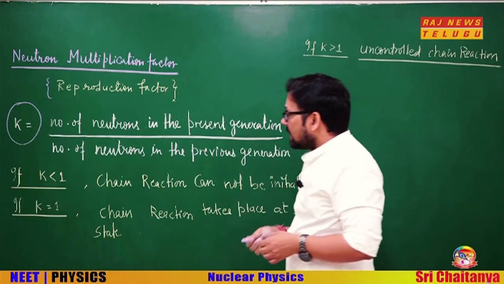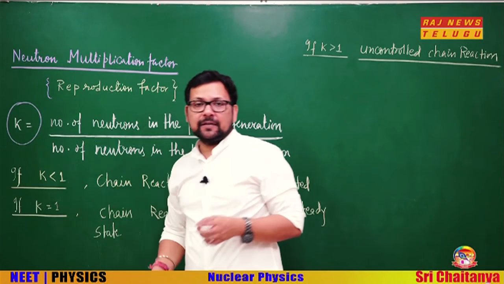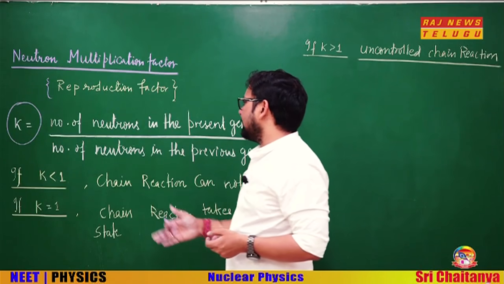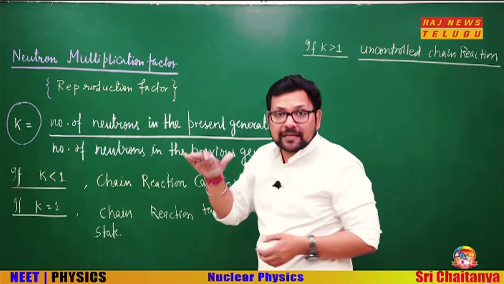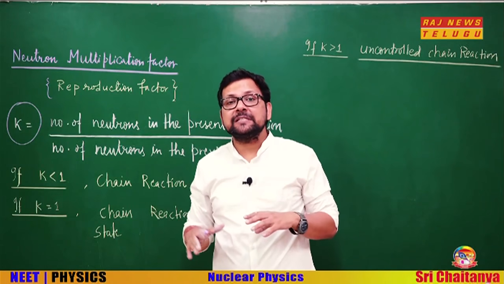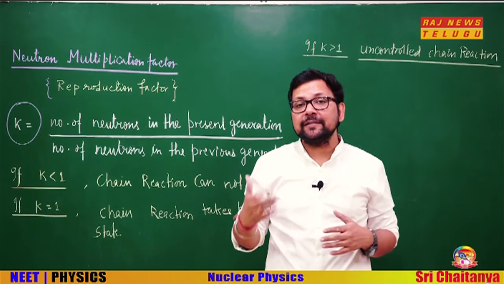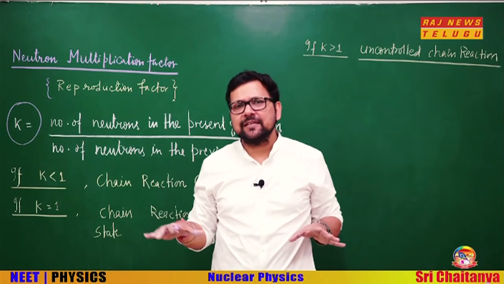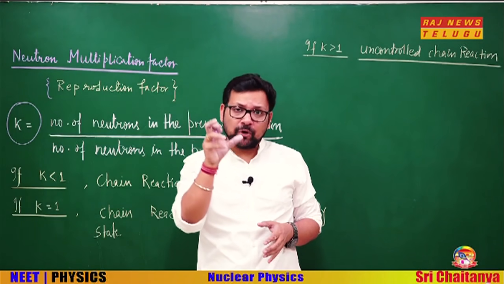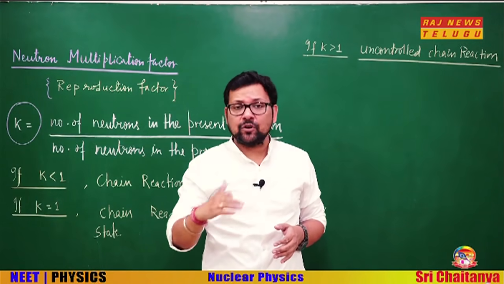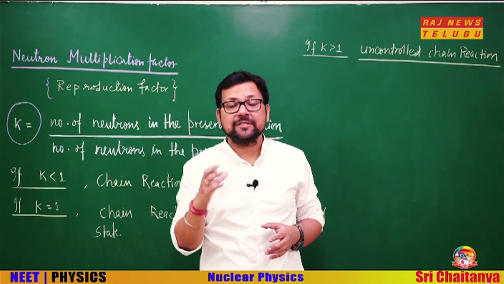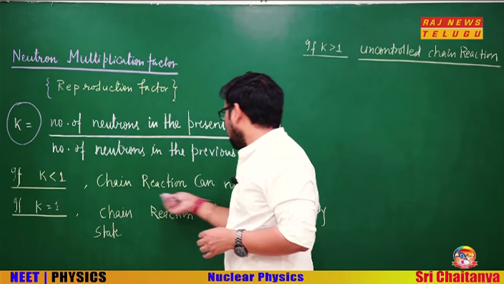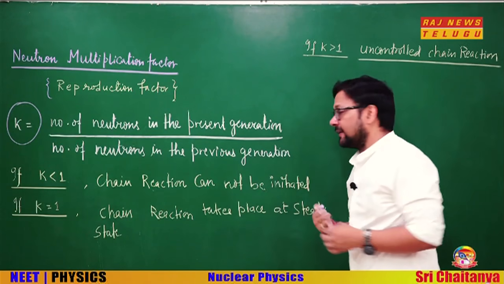So what is K? Again, the number of neutrons in the present generation upon the number of neutrons in the previous generation. If K is less than 1, it is a fraction, which means the number of neutrons in the present generation is less, and the previous generation number will be greater. In such cases, when the present generation has fewer neutrons than the previous generation, a chain reaction cannot be initiated.